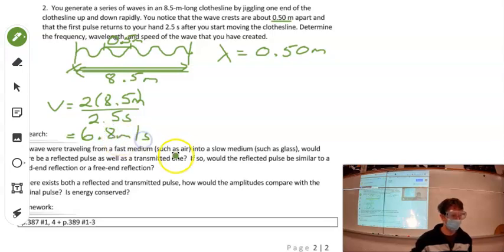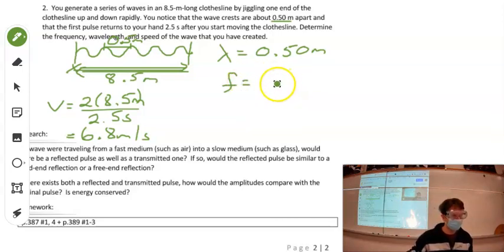meters per second. But I want to show you something else. But first, let's figure out the frequency. Now, the frequency, from our previous equation, is the number of cycles per time.